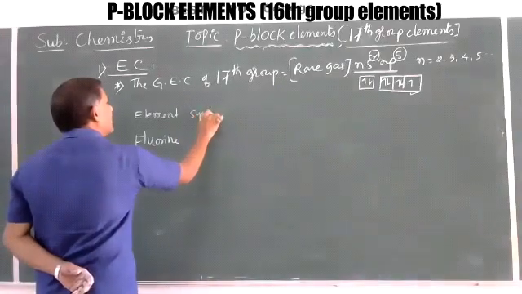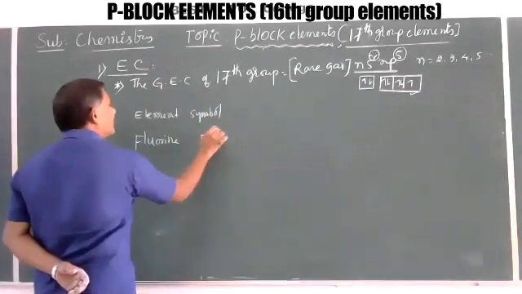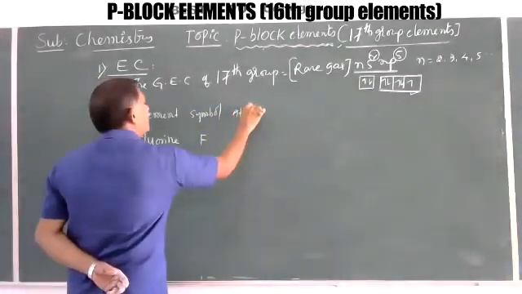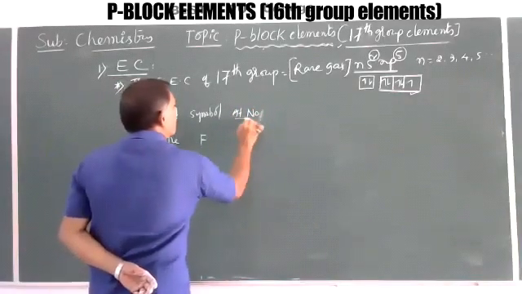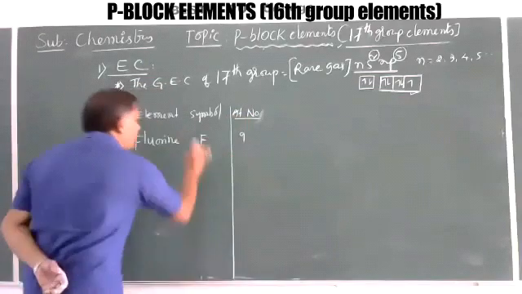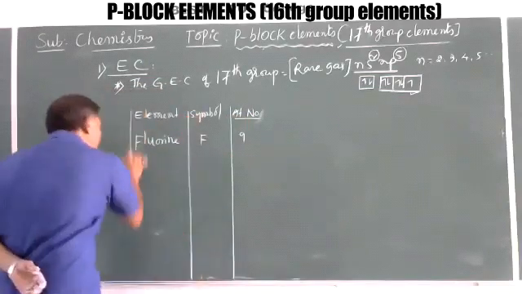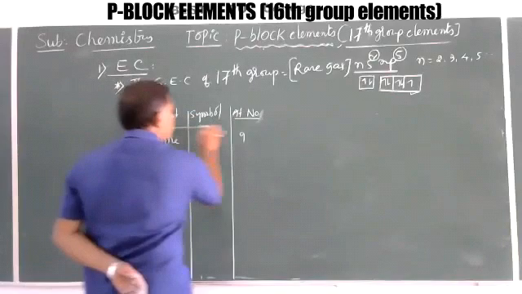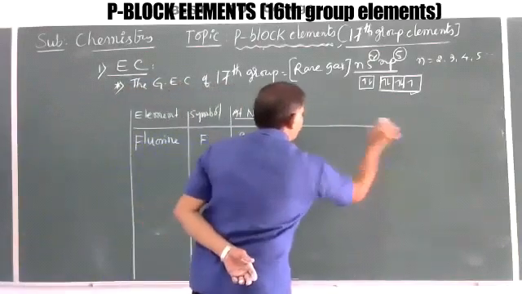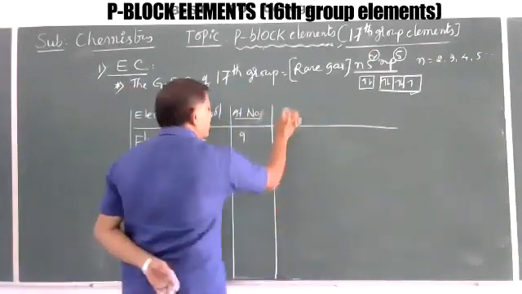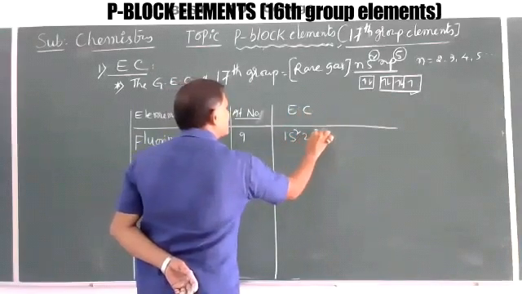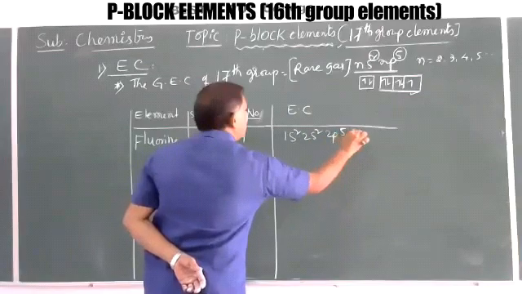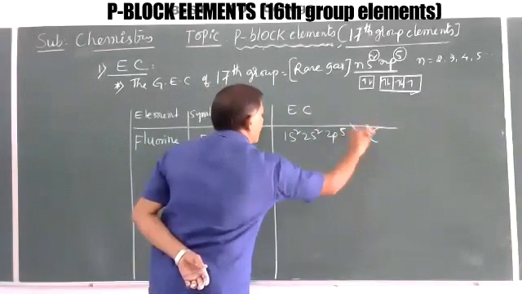Its symbol is F. Atomic number is 9. Its electronic configuration is 1s2, 2s2, 2p5. Here d orbitals are not present.